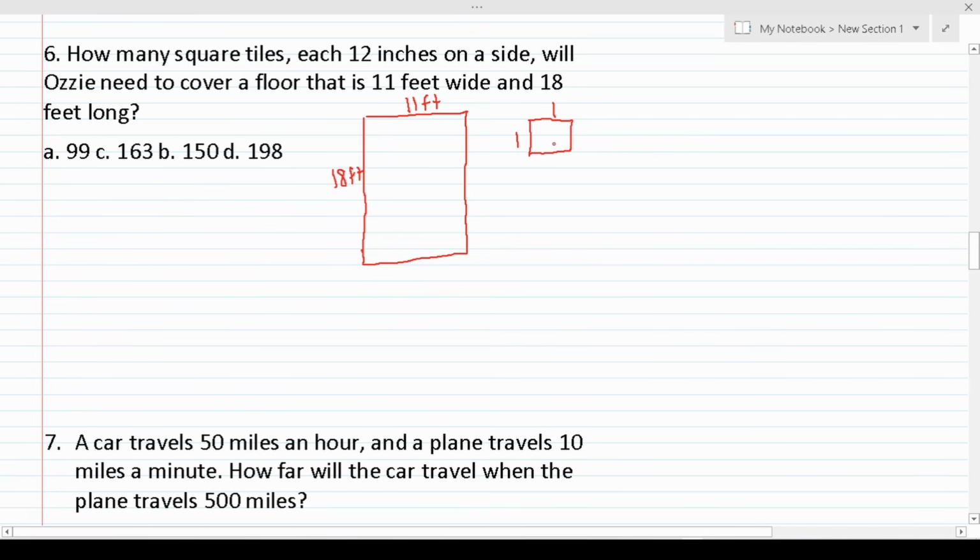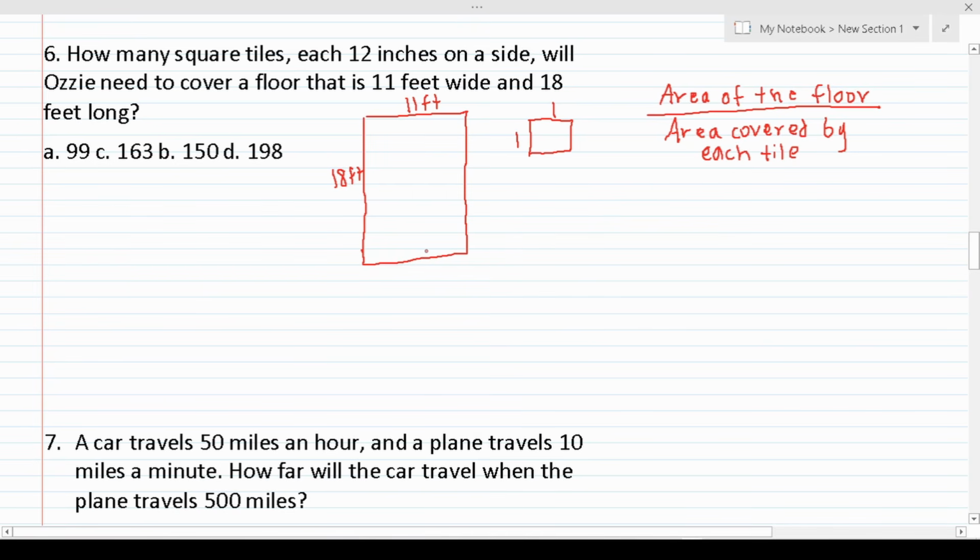In order to figure out how many tiles you need to cover this floor area, what you have to do is find the area of the floor, and you're going to divide that by the area covered by each tile.